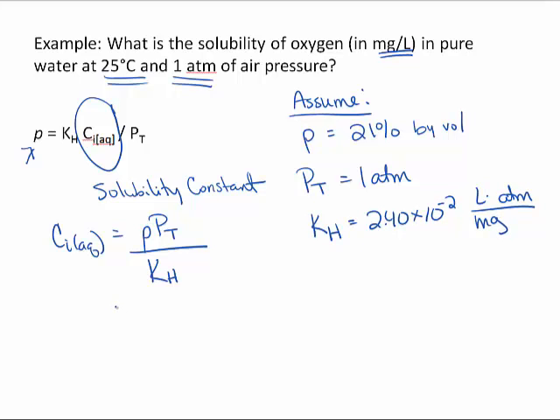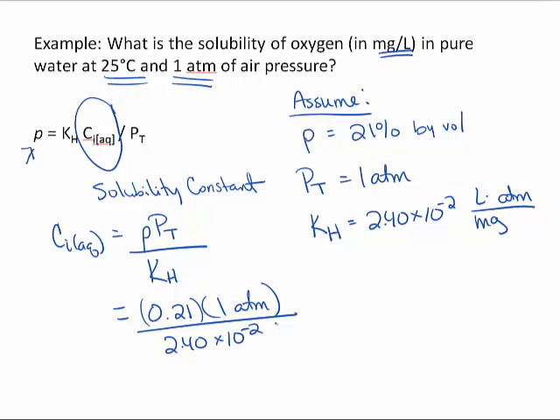Substituting these into the equation, I see 0.21 times 1 atm divided by 2.40 times 10 to the negative 2 liters atmosphere divided by milligram. The atmospheres cancel out, and this is equal to 8.75 milligrams per liter.